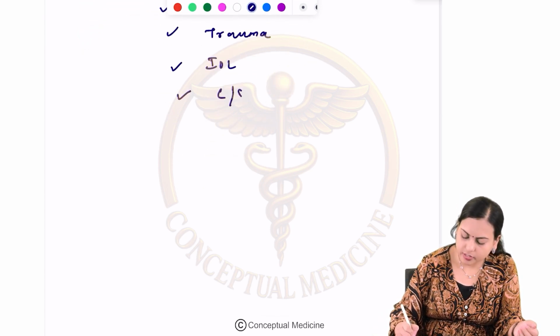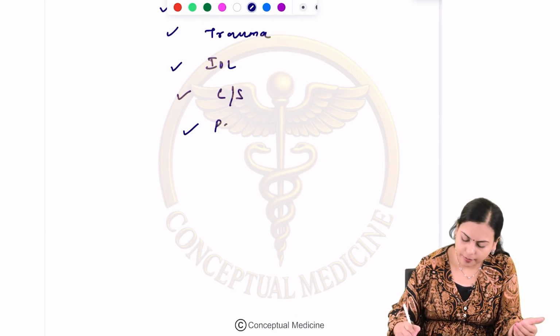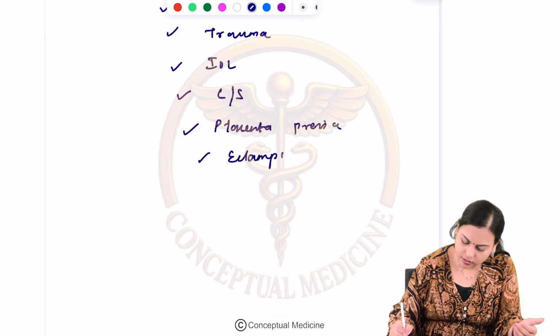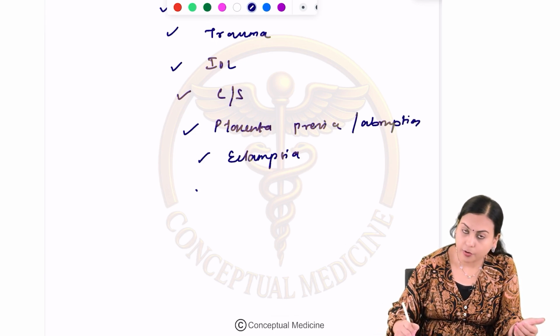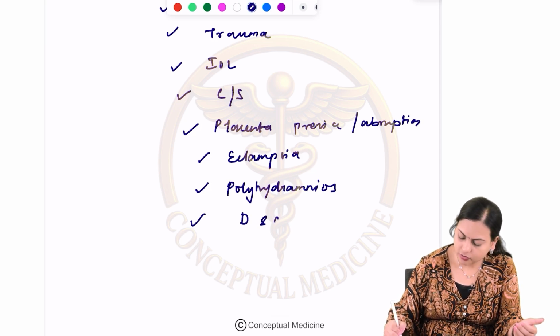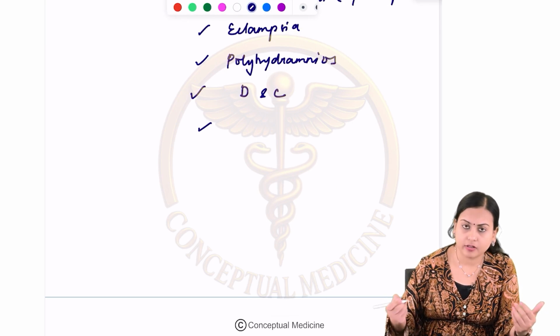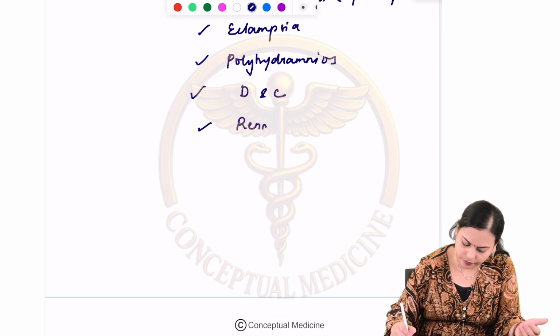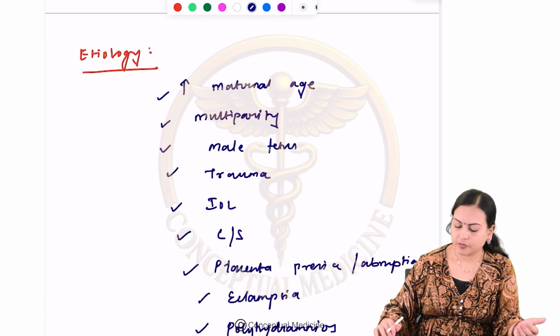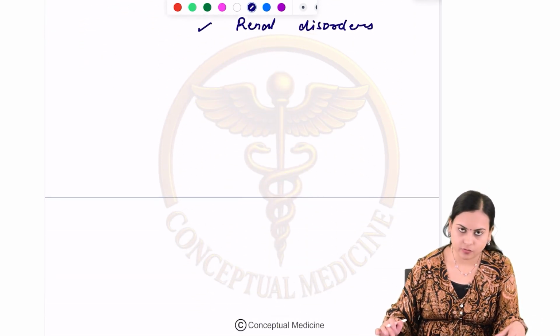Also, the risk with cesarean section, placenta previa, eclampsia, even abruption, polyhydramnios, dilatation and curettage, and any chronic disease like renal disorders. These are considered to be some of the risk factors for amniotic fluid embolism, right?